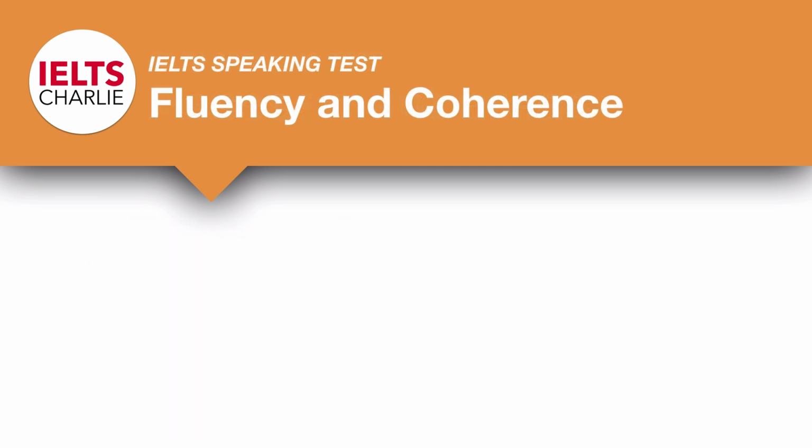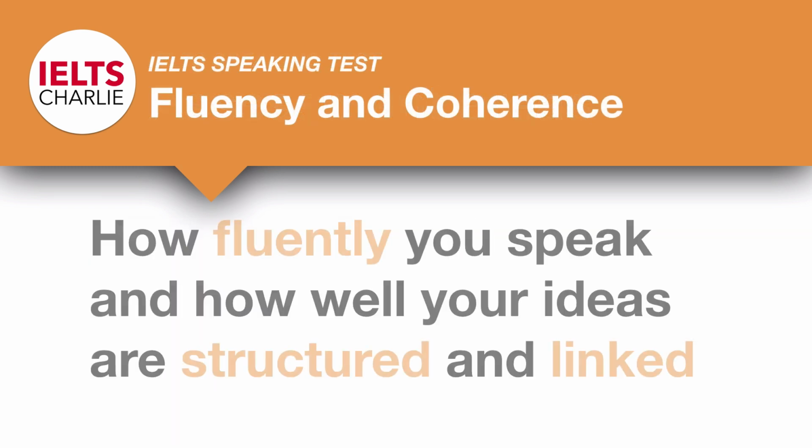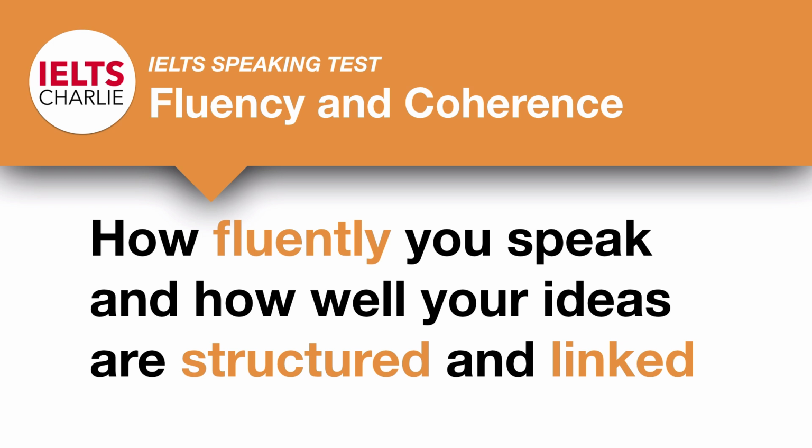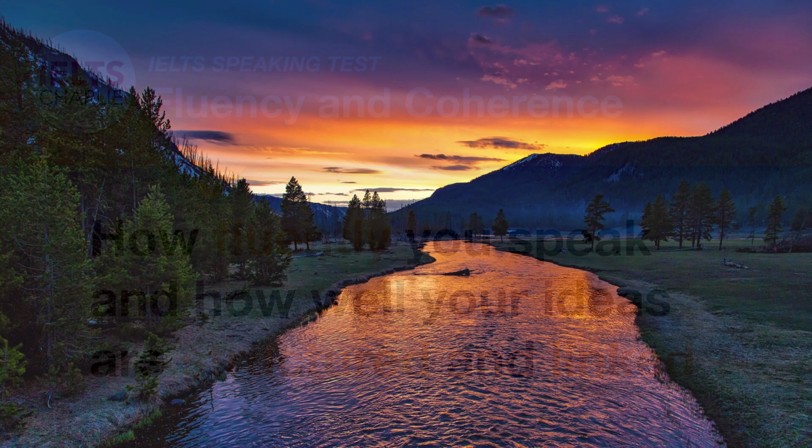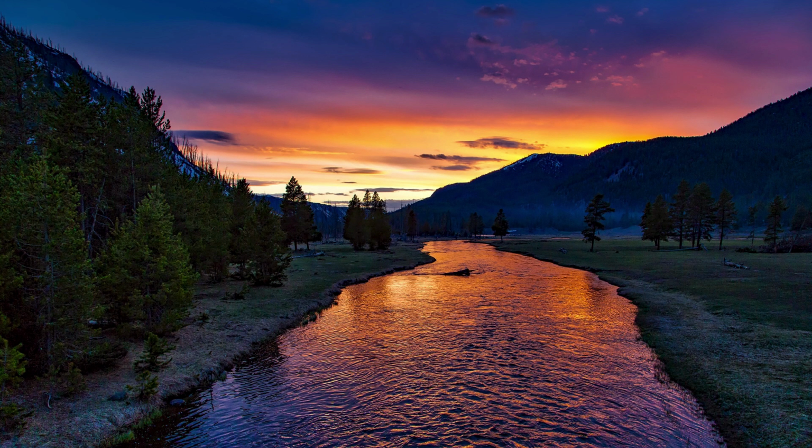So Fluency and Coherence to begin with. This is about how fluently you speak and how well your ideas are structured and linked together. So it's a bit like, certainly for fluency, a bit like a river flowing gently down the valley. So do you speak fluently or do you hesitate?